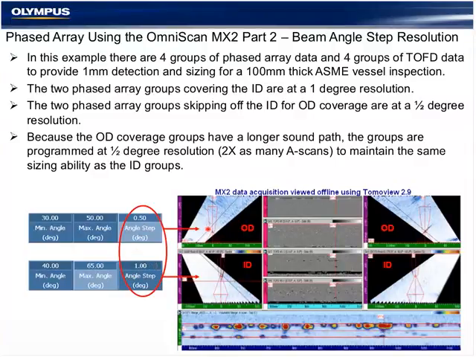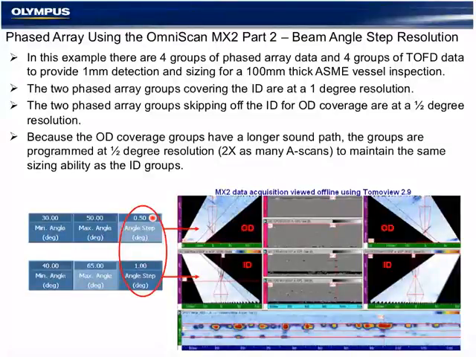The upper coverage is bouncing off of the bottom of the vessel and inspecting on the second skip, so it has a longer time of flight and greater beam divergence between every 2 A-scans. So we improve the inspection on the second leg by using a 1/2 degree step resolution for the sector scan.